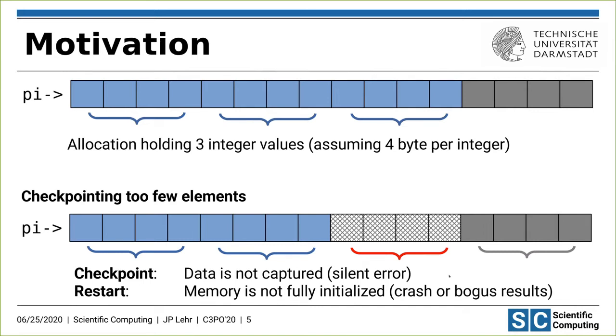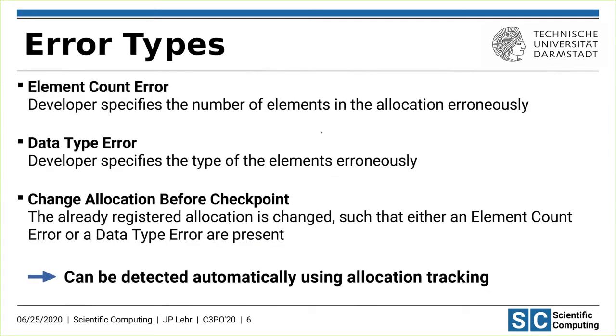But from these examples, we can actually derive different types of errors. And we named them the element count error, the data type error, and then because of this 3-stage interface, we also have something called the change allocation before checkpoint error.